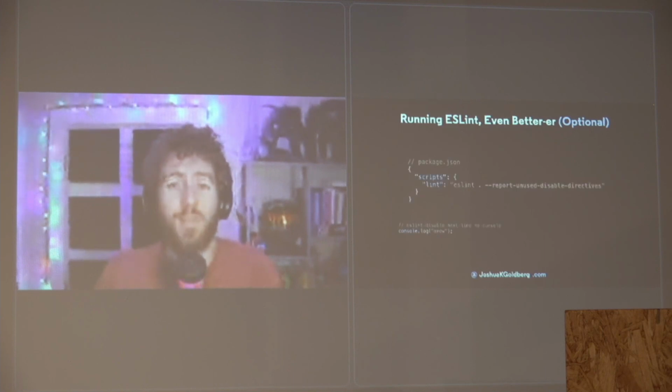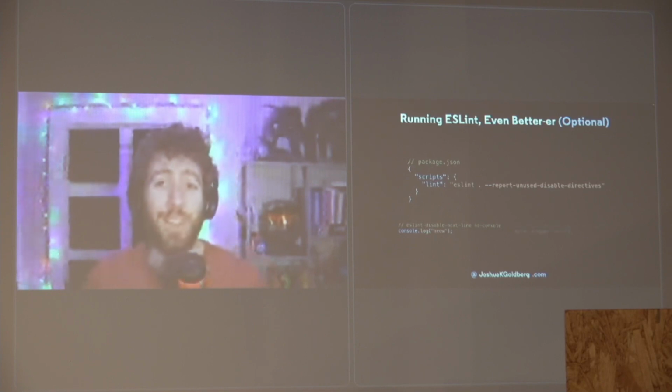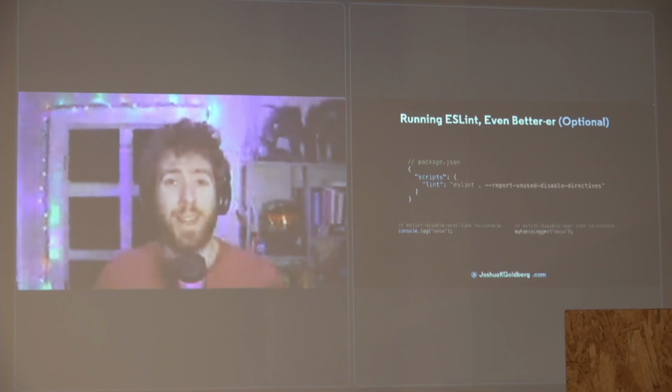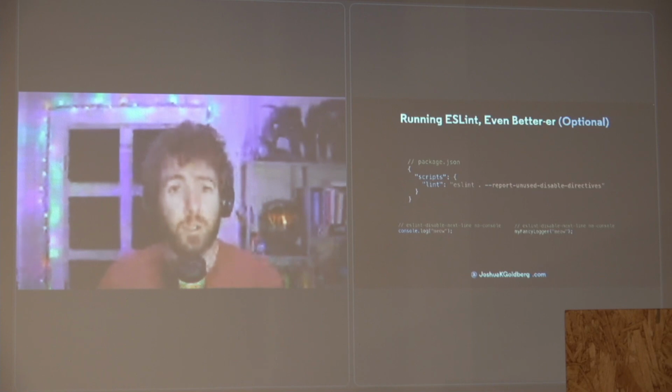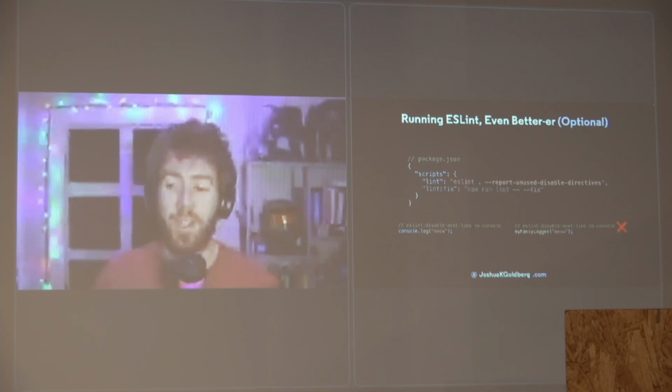That says, if I have any of these ESLint disable comments or directives that don't actually do anything, give me a complaint. Which is actually really nice. Because oftentimes you'll find that you may need it at one point in time for a certain area of code, but eventually that code gets refactored, changes, no longer would produce an ESLint complaint. So reporting that unused disable directive means you can find unnecessary comments to remove. And then if you run ESLint with --fix, then you can have it automatically remove those comments for you.